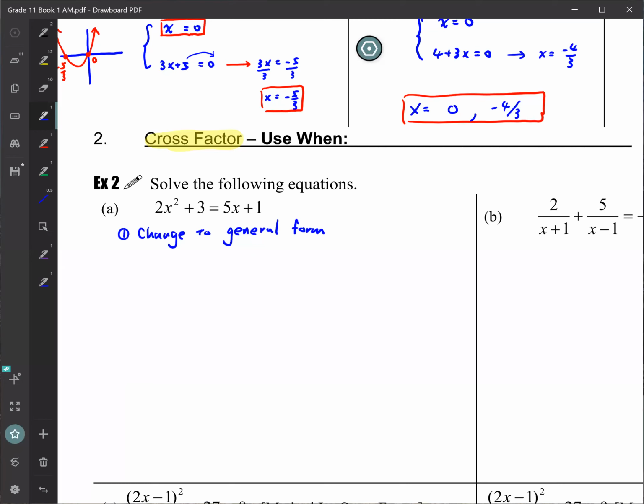The general form for this will look like ax squared plus bx plus c equals 0. So that's your first job: move everything to the left and make it equal to 0. I'll give you 5 seconds to do that.